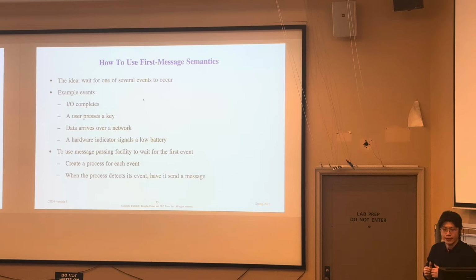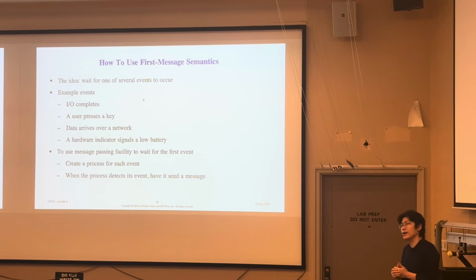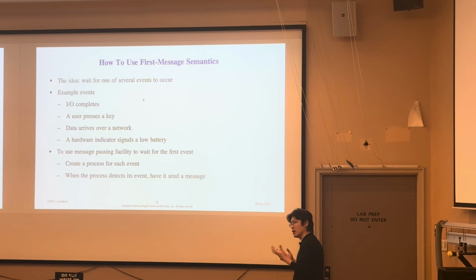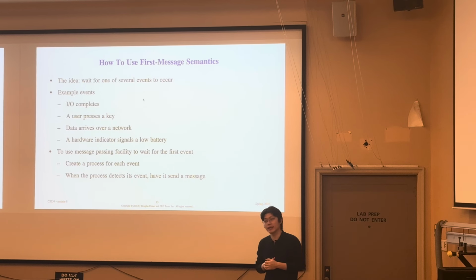All right. How to use this first message semantic? It's very, very basic. You can imagine that in any of your programming courses, you never write a program that is only allowed to send one message to another process. In any multi-process application, you set up a socket and send messages to another process.